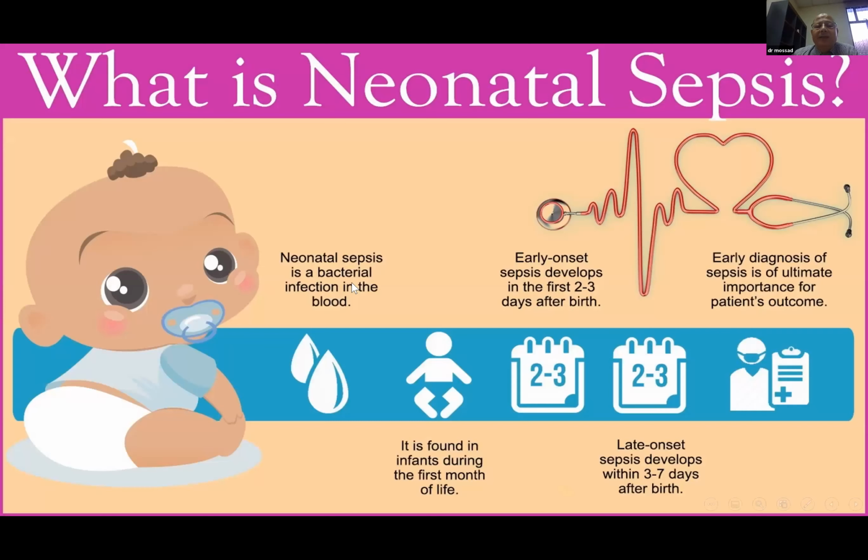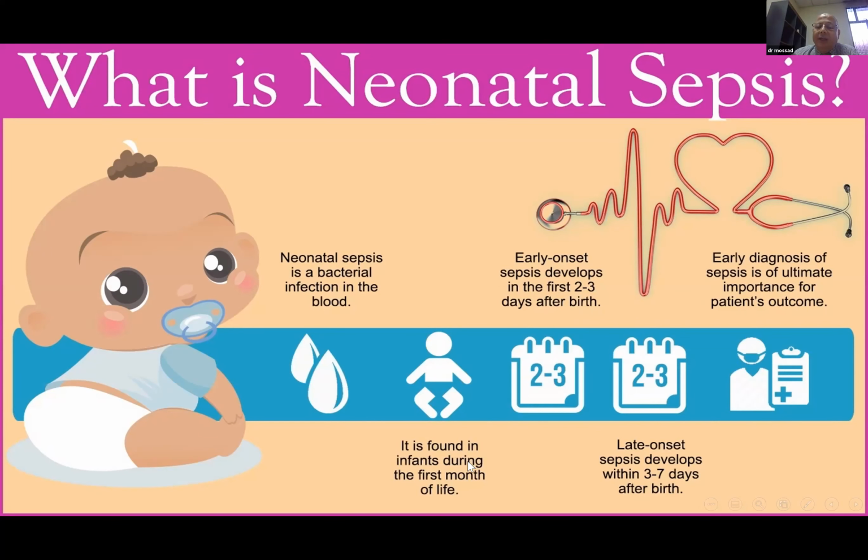Neonatal sepsis is a bacterial infection in the blood. Early onset sepsis occurs in the first 2 to 3 days only. Late onset is from 3 days and above, until maybe 1 to 3 months.